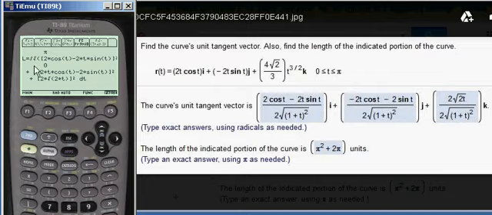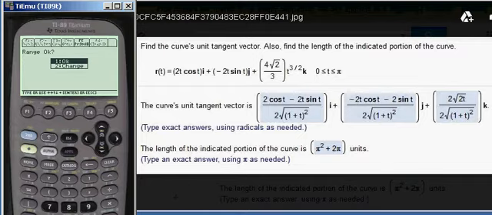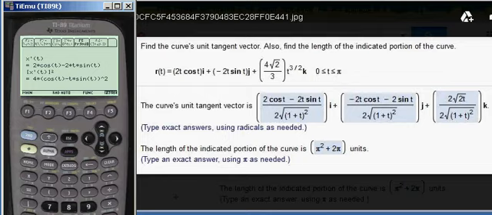Okay, so I show you, this is the integral we're doing with regard to t. I just put that in there in case you made a mistake on the range.